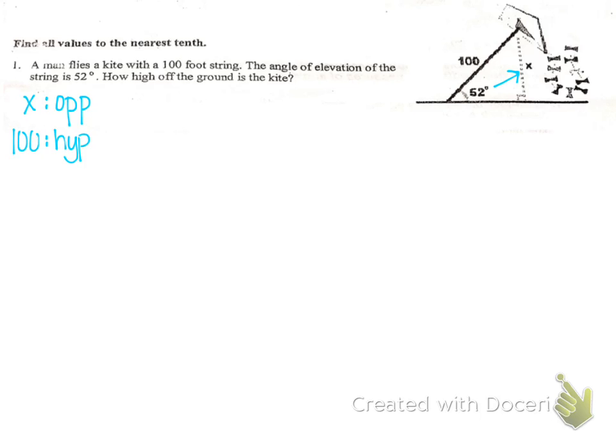So you've got to decide which trig ratio out of the 3 relates opposite and hypotenuse. And that is sine. So we're going to use sine here. So we have sine of our angle, and our angle is 52 degrees, is equal to opposite over hypotenuse. So x over 100.